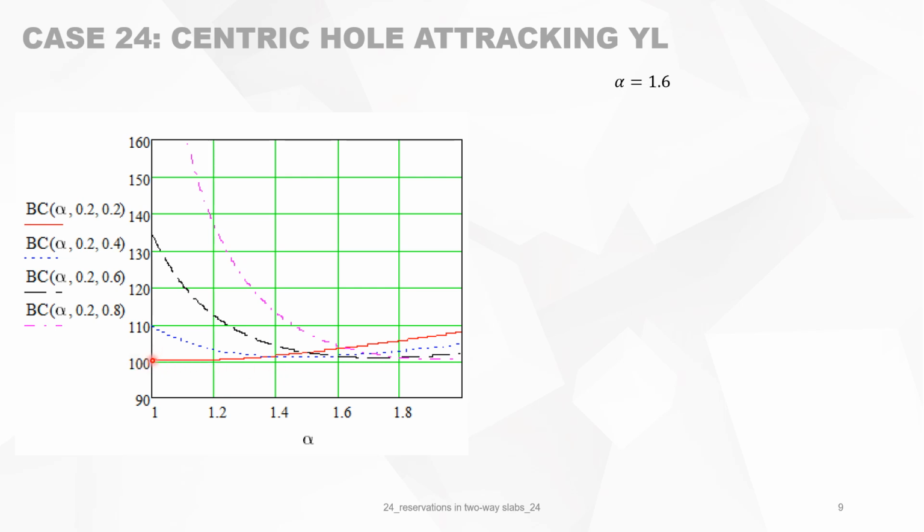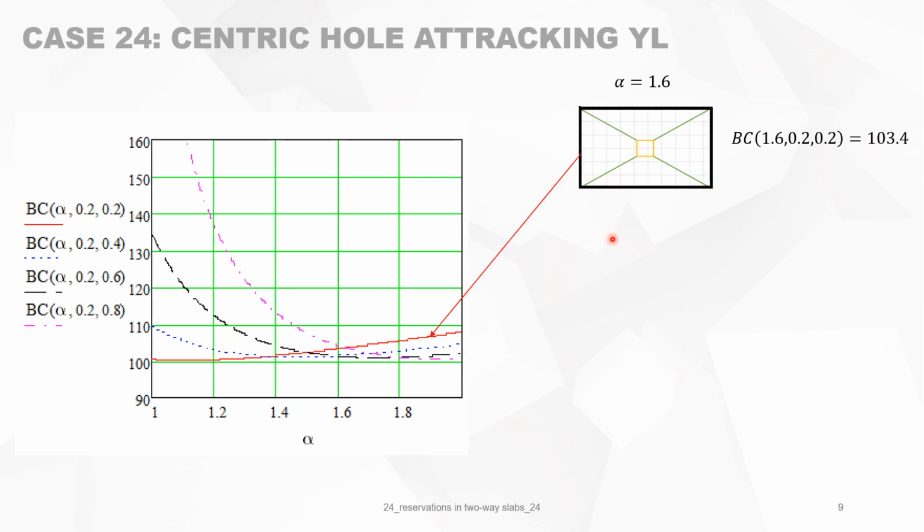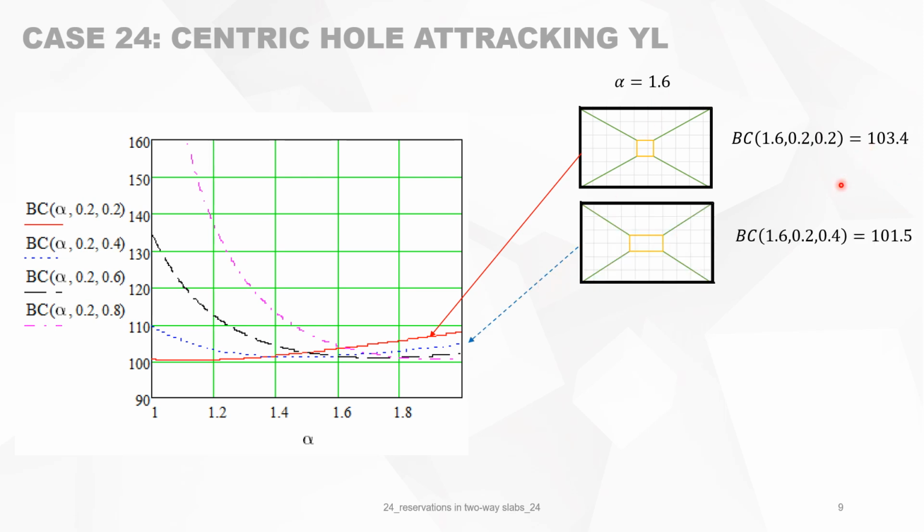So that's okay. Now let's look at alpha equal to 1.6. It's a slab like this. For alpha 1.6, the red curve is for 0.2 and 0.2. So this visualization is this, and it's 103.